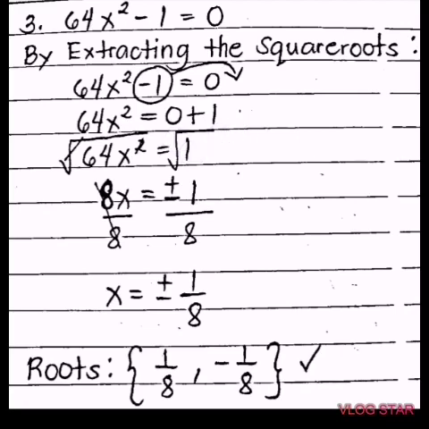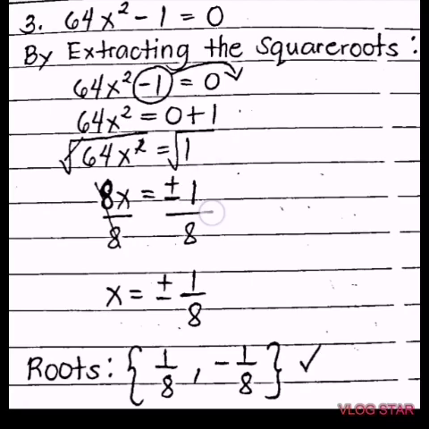Now extract the square root, so write the radical sign on this side and on the other side. What is the square root of 64? 8. What is the square root of x squared? Cancel the exponent 2, and it will become x. Equals, what is the square root of 1?